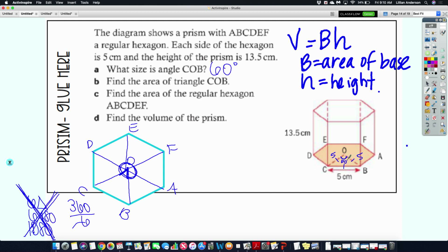Isn't there another formula that we know though to find the area of the triangle? 1/2 times B times C and sine of A. Or technically 1/2 two sides and the included angle. So 1/2 times 5 times 5 times the sine of 60. That's how we find the area of the triangle.